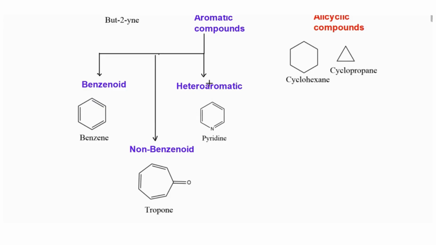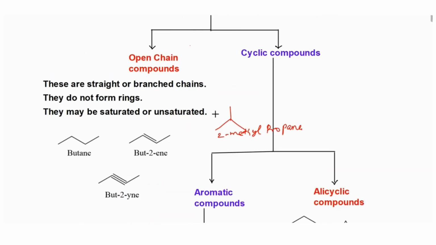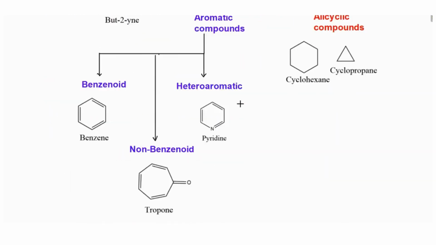If a carbon in the cyclic compound is replaced by another atom like oxygen, nitrogen or sulfur, these are called heteroatoms. Here the heteroatom nitrogen is placed, so these compounds are called heteroaromatic. A heteroatom is there and it is aromatic in nature, that's why we call it a heteroaromatic compound. So this is the classification based on the carbon skeleton.